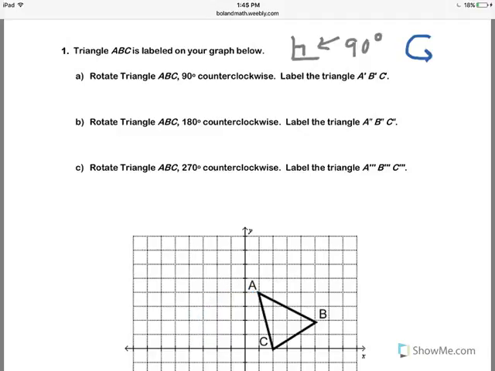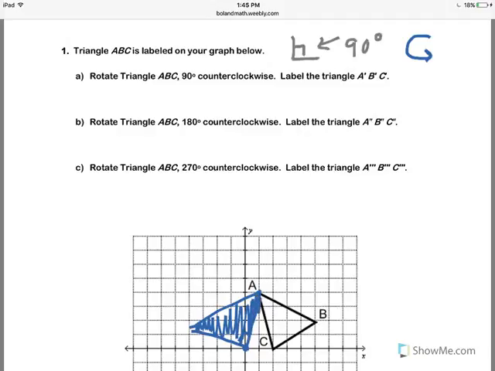If you visualize this, and you can do this with a sheet of paper as well, take a corner of your paper and place it at a 90-degree angle, where the 90-degree angle is in the shape of an L, and the 90-degree angle passes through the origin, because that's what we're rotating around. You can visualize this as a sheet of paper that we cut off.